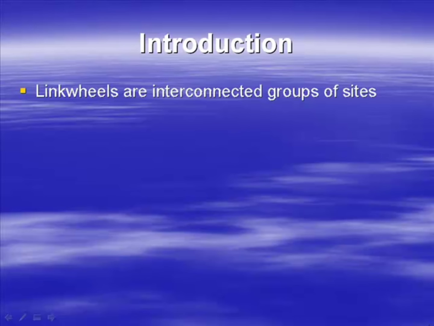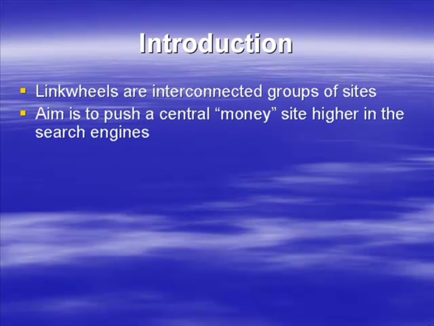Well, what are they? Link wheels are basically interconnected groups of sites. They're a set of Web 2.0 properties that link to each other and push a central money site higher in the search engines. So basically you can think of it like a wheel. Each spoke of the wheel is a link from an external site. In the middle of the wheel is what we call your money site.